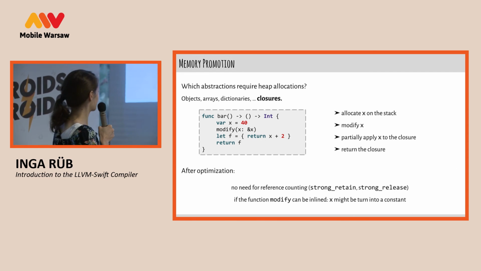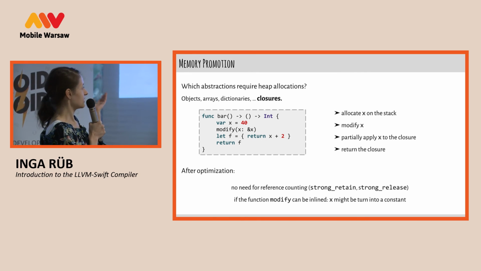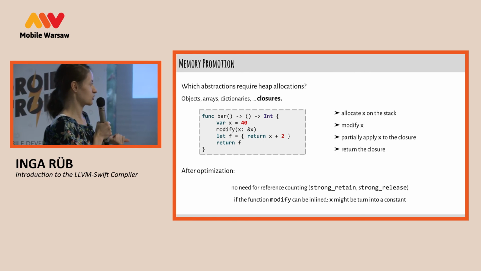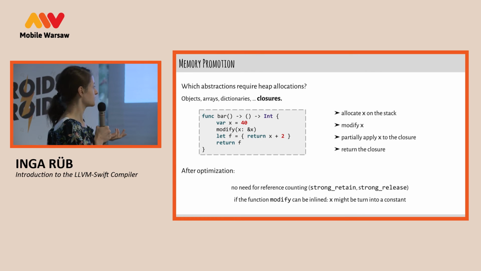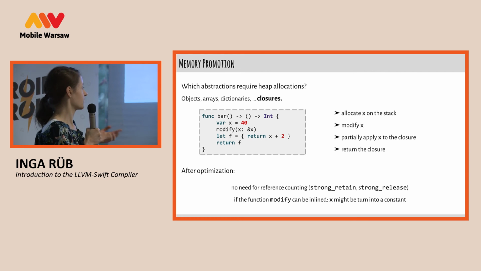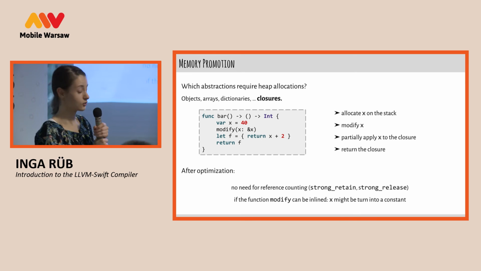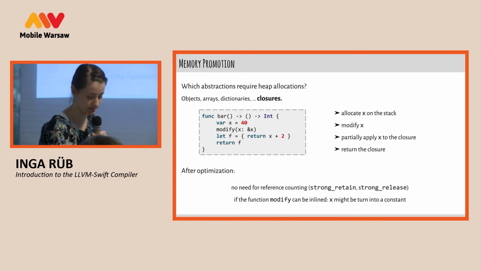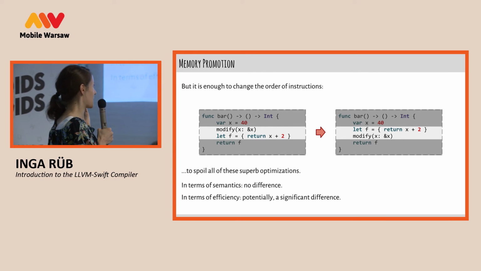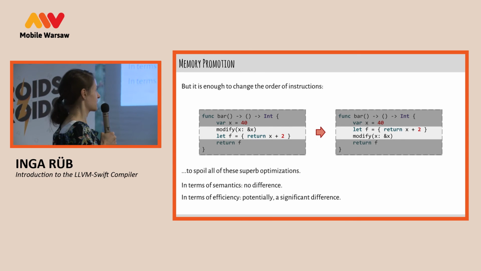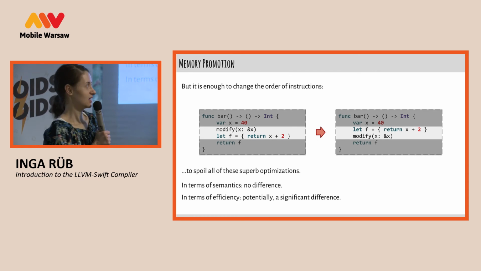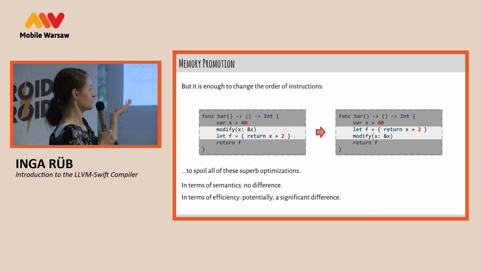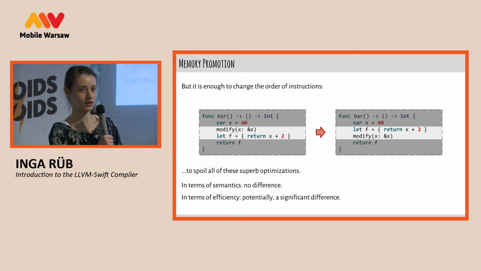Okay, another slide. In this example, which was optimized, we didn't need to decrement the reference counter, and the function modify also could be inlined, and then everything is very simple. But I wanted to show you this example because there is one thing that we can do to stop the compiler from optimizing this code, and it is enough to put the modification after we call the closure.